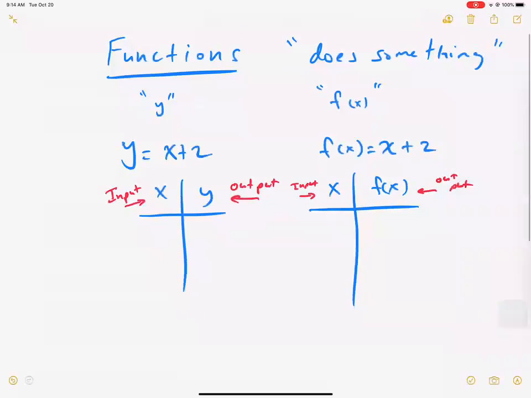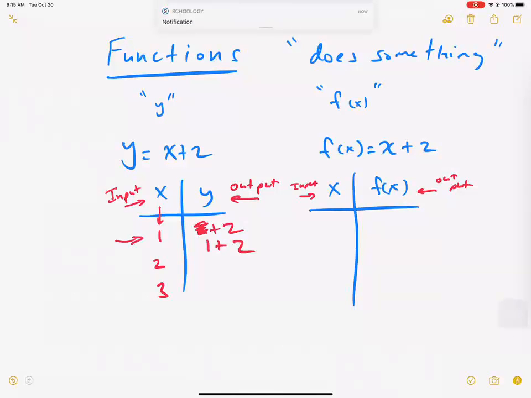So if I plug in numbers 1, 2, and 3, well, x is now 1. So when I write y is equal to x plus 2, we said x is now 1 plus 2. We swap our x value because we said x is going to be 1.